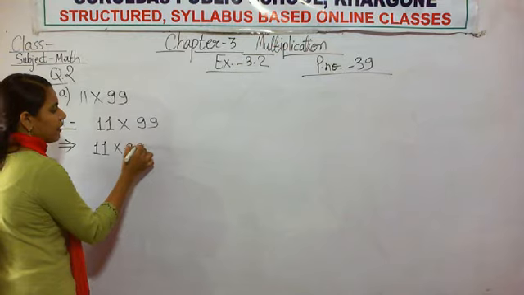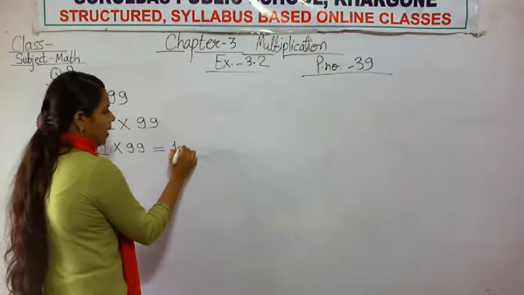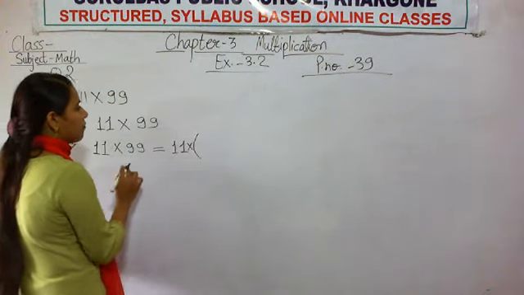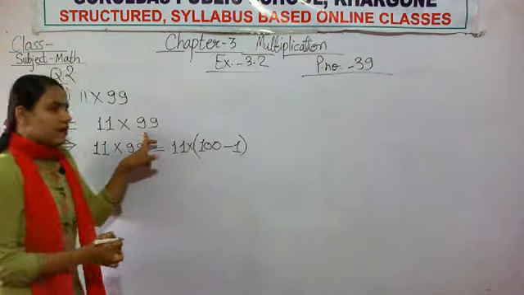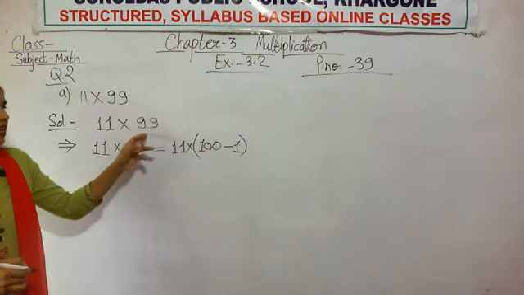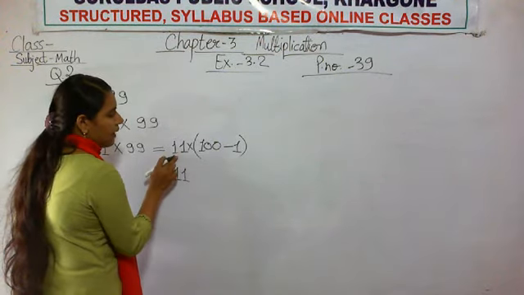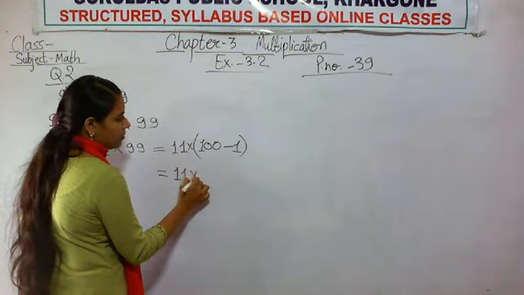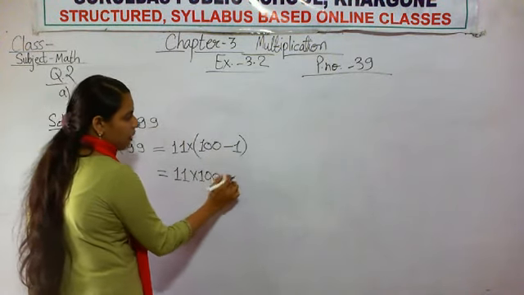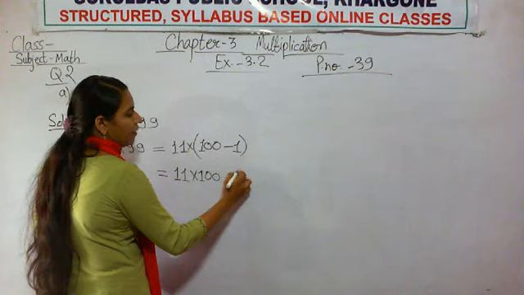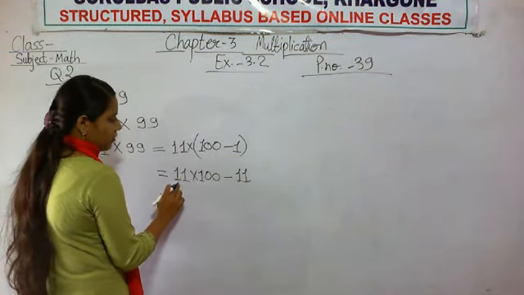11 multiplied by 99 equals to 11 multiplied by, I am writing 100 minus 1, right? I can write 100 minus 1 for 99. Now multiply this 11 with 100 first. Then put the minus sign and subtract the number.